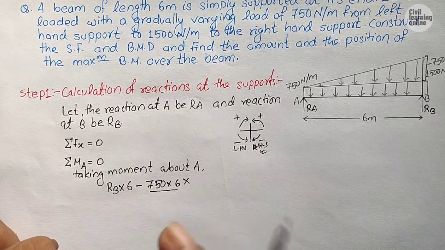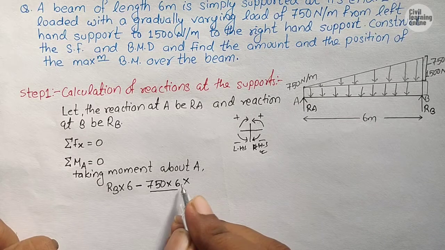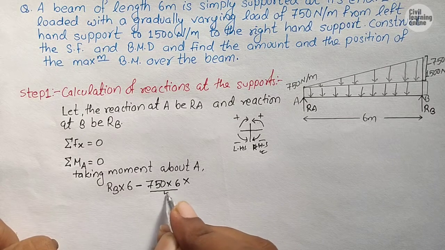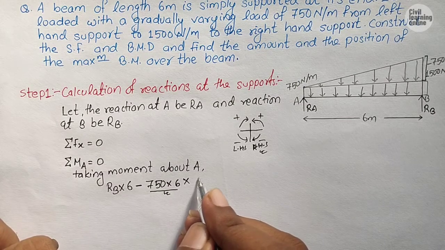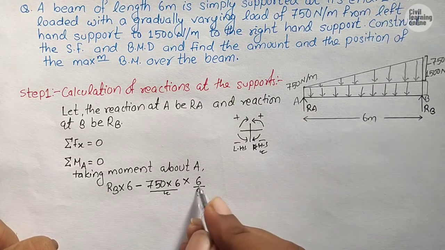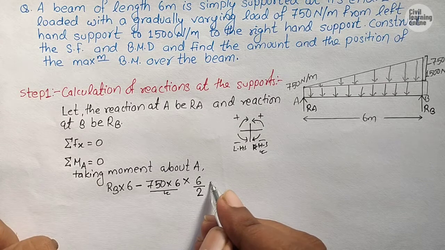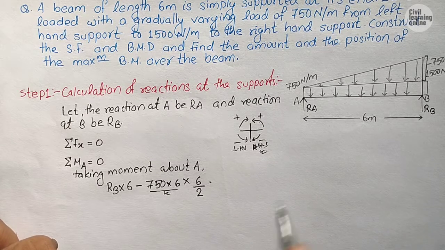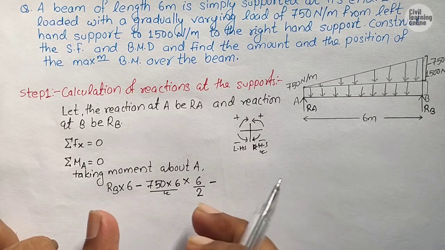Now multiplying the point load by the distance, which is half of the span, means 6 divided by 2, gives us the moment of the UDL. Now this was for the UDL.